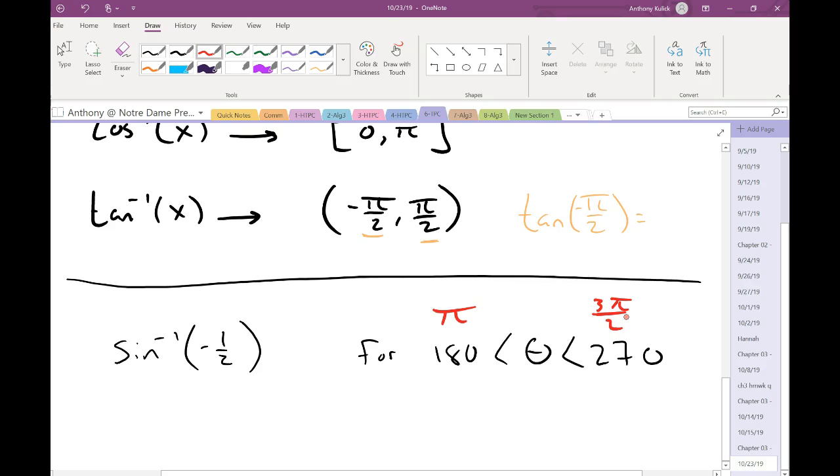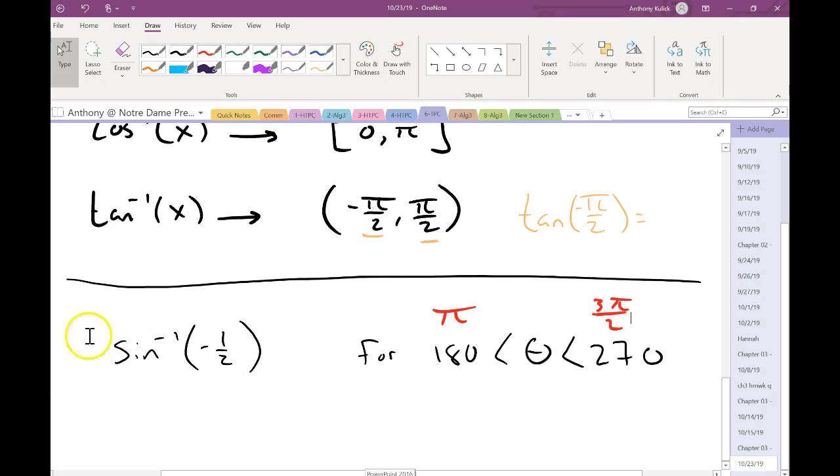I'll try to write these things in both degrees and radians just to help. I know some of us are still catching up with seeing the radians and knowing exactly what that means. So I'll write the degrees and radians together just so that nobody's confused.